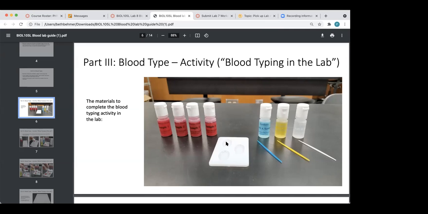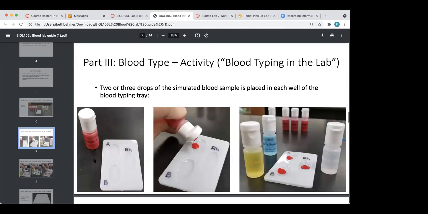It's causing clumping of the blood, and that means that this blood is type A. If the B antibody causes clumping, it means that B antibody has found the B antigen, and clumping will then tell us that that type of blood is type B. And if we see clumping in the D, the Rh factor, then that means that that person will be positive for that antigen. And I'll show you what I mean here.